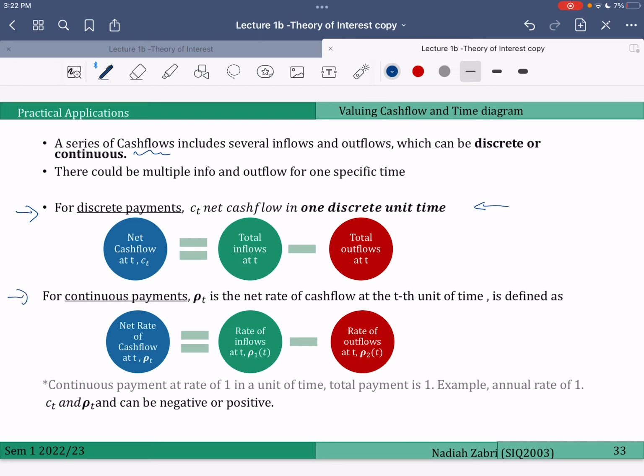Before, we have been dealing with discrete payments, but there are also continuous payments, like a stream of income or cash flow that comes in, or an income or outgo that is momentary. I'm not going to focus on its calculation yet. For this chapter, we will just focus on valuing cash flows with discrete payments.